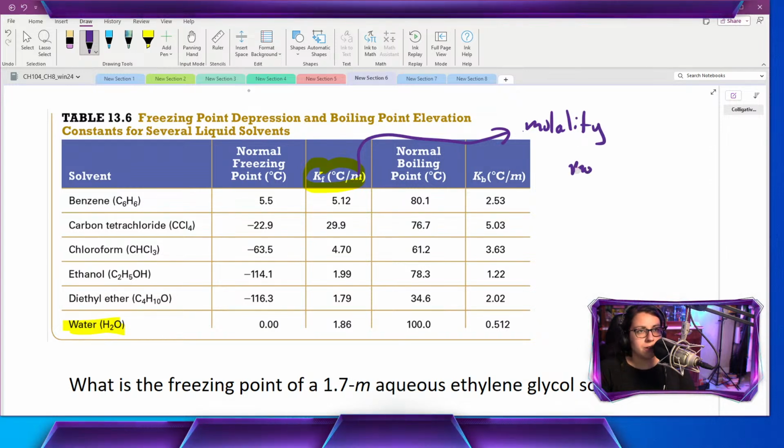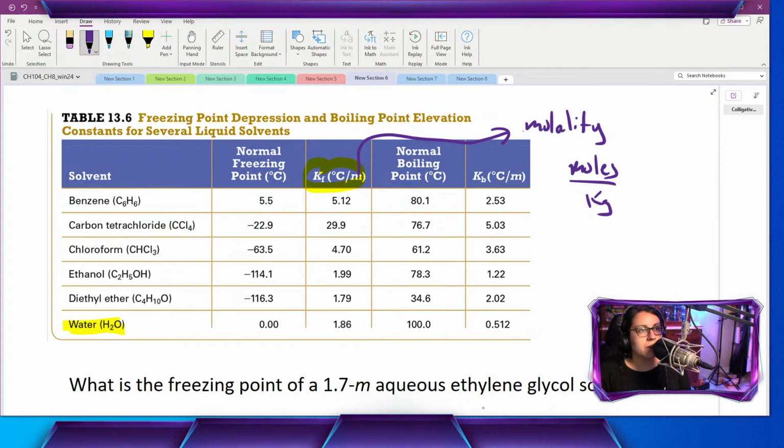And we said that was moles per kilogram. And so this means for every molal of solute that's dissolved, our temperature is influenced by 1.86 degrees. And since it's freezing point depression, it would mean a 1 molal solution would lower our temperature of water, and it gives us a normal freezing point.